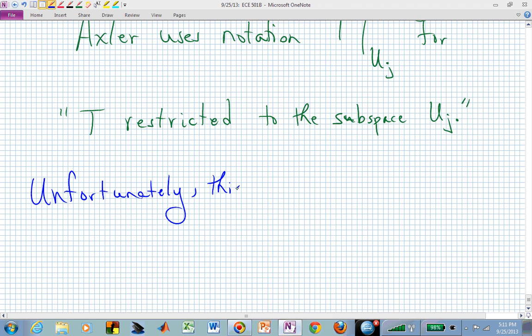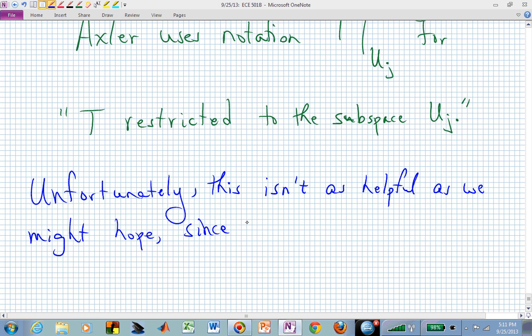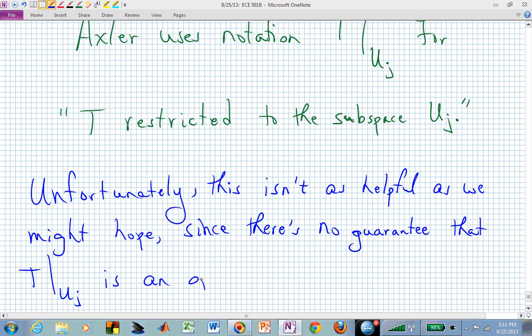Unfortunately, this restriction isn't as helpful as we might hope, since there is no guarantee that T restricted to U sub j is an operator on U sub j.